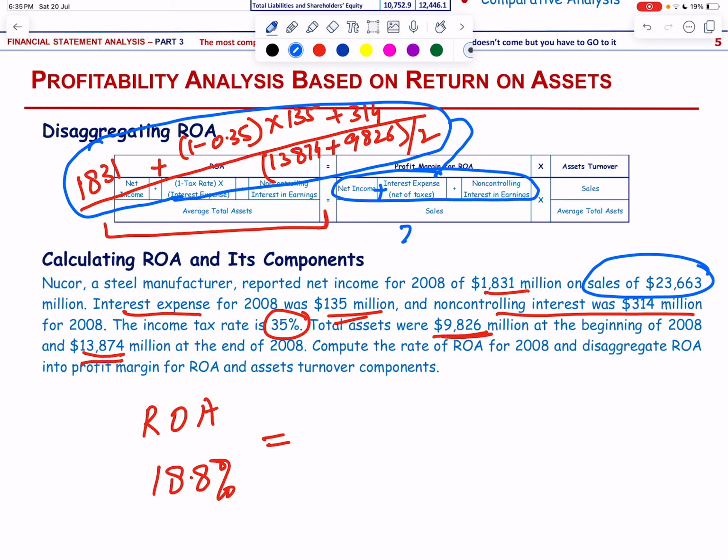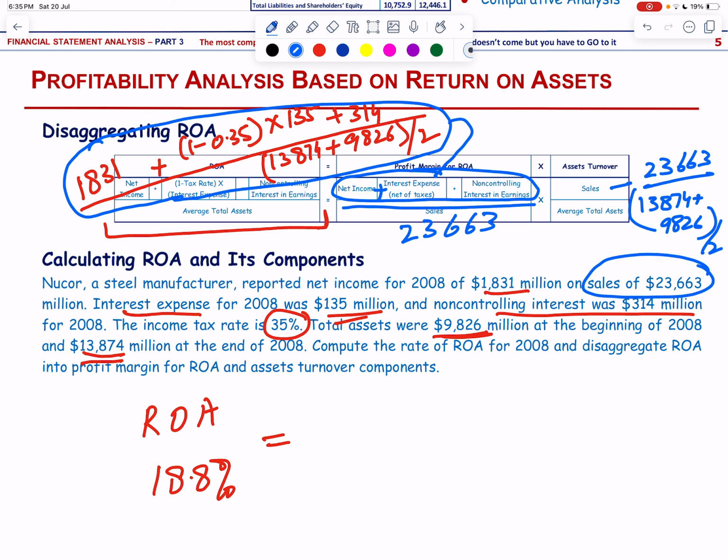So we have 23,663 times assets turnover, and we have the same value for the sales, 23,663, divided by average total assets, and that is the same, 13,874 plus 9,826, divided by 2.